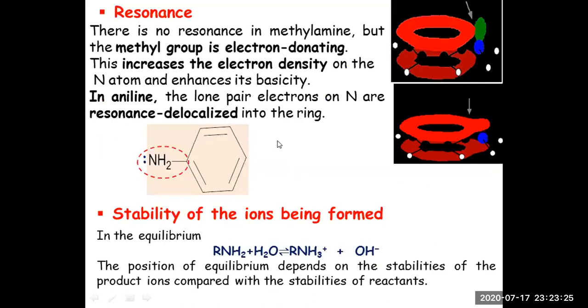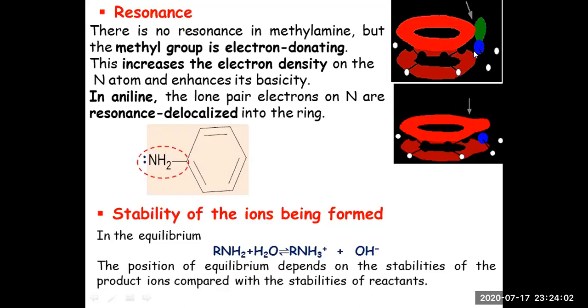The second factor, which is again very important, is resonance. Aromatic compounds will show resonance, and due to resonance, the pair of electrons on nitrogen is taken by the benzene ring. Because the ring pulls electrons, the lone pair is not easily available to donate, and therefore the base becomes weaker. Aromatic bases are generally weaker as compared to aliphatic bases.